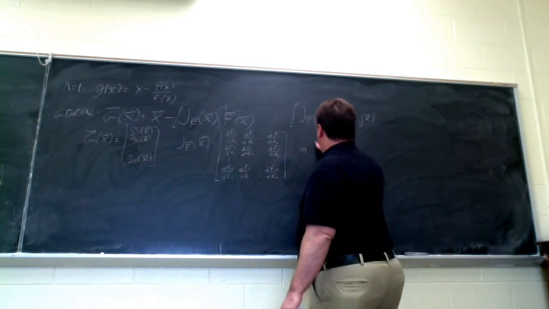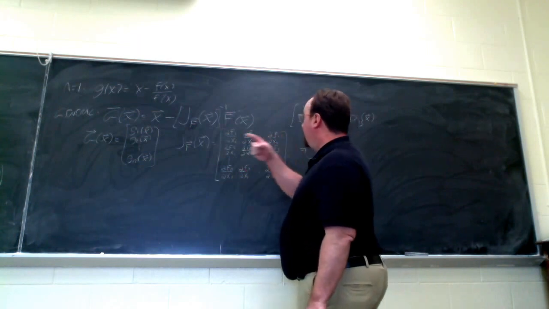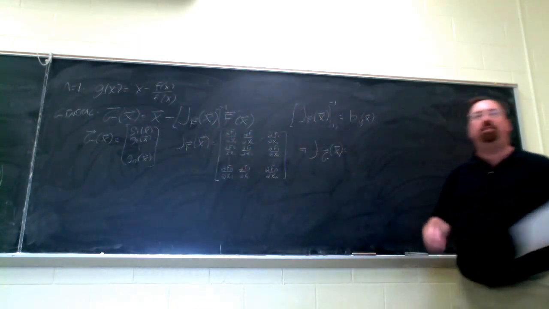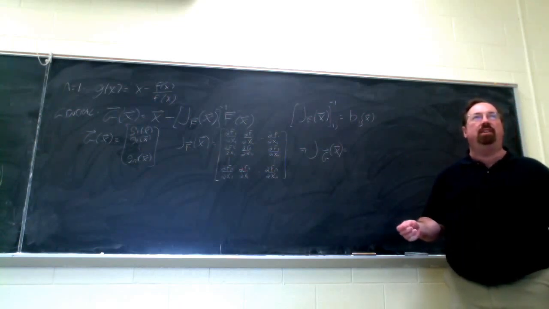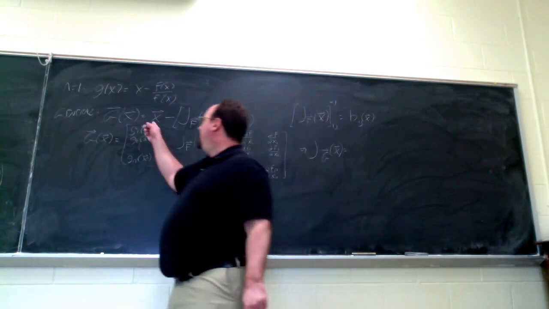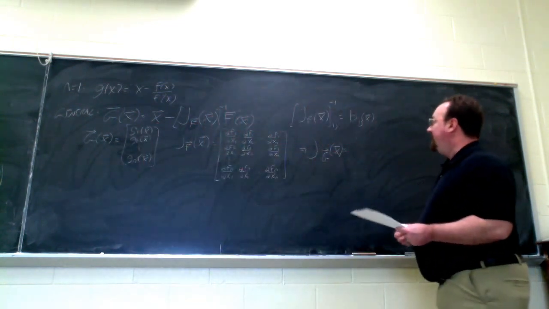So the Jacobian of g of x. First we have the Jacobian matrix of just x by itself. Well, the derivative of x is 1 in one dimension. So the derivative of vector x, the Jacobian matrix of that, is just going to be identity.